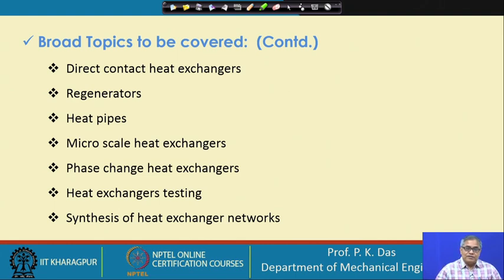Microscale heat exchangers. With the advancement of industry, particularly with the advancement of the electronic industry, miniaturization has taken center stage.